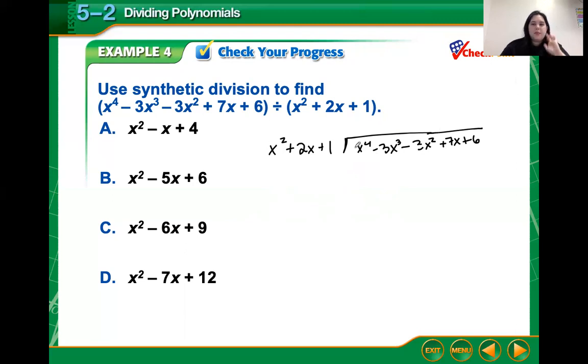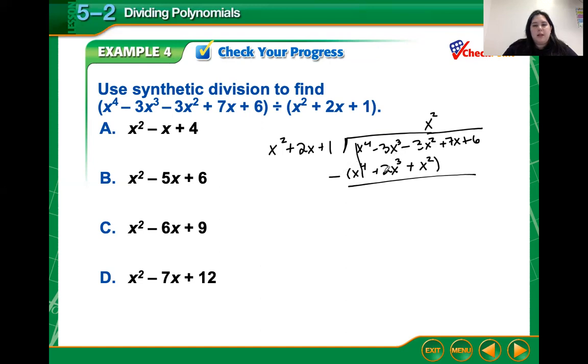So x squared times x squared gets me x to the 4th. I'm going to multiply my entire divisor by x squared, and I get x to the 4th plus 2x cubed plus x squared. My x to the 4ths cancel out.